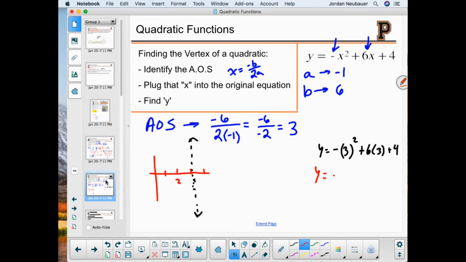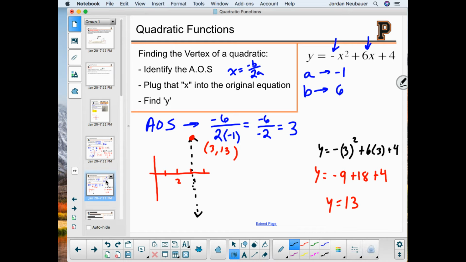This is negative 9 plus 18 plus 4. Now we just have to do the math with it. That's negative 9 increased by 18. That's 9. 9 increased by 4 is going to be a y value of 13. Okay? So we know 3 and then 13, somewhere probably way up here, is going to be the vertex.